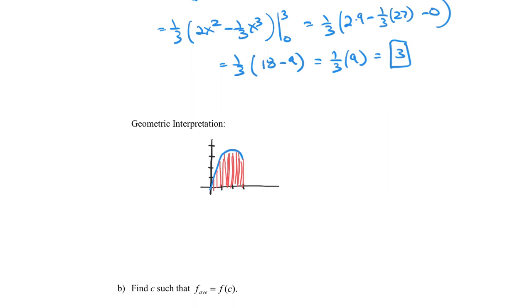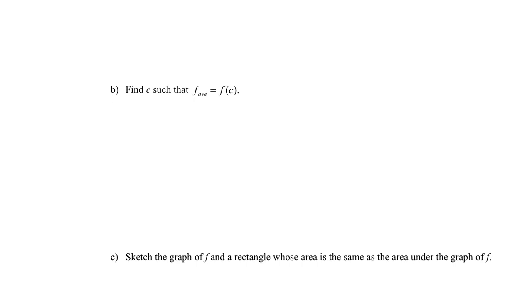Okay, so to find f of c, we can just go back to the original, right? So f of x was equal to, what was that one? It was 4x minus x squared. So the average value was 3, and we want to set this equal to f of c.